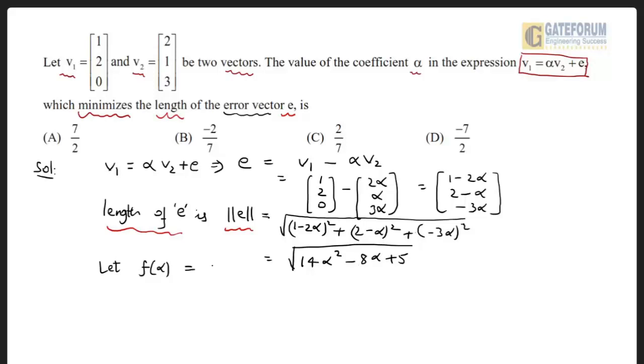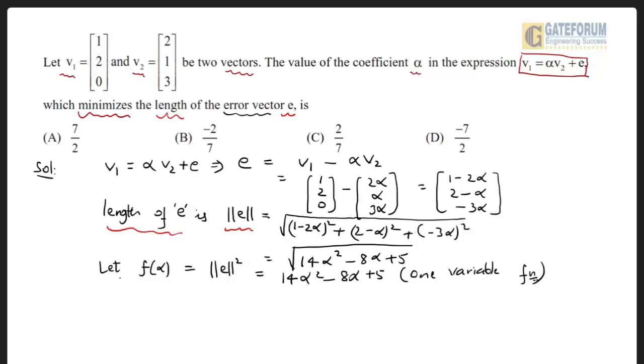I am considering the new function, the square of the length of the error vector E, which becomes 14 alpha square minus 8 alpha plus 5. So here is a one variable function, that variable is alpha.